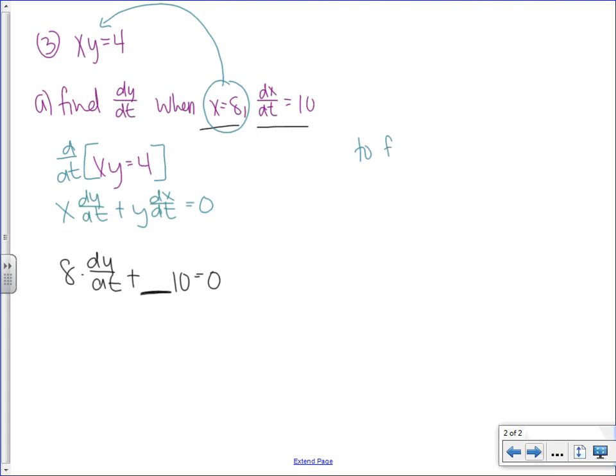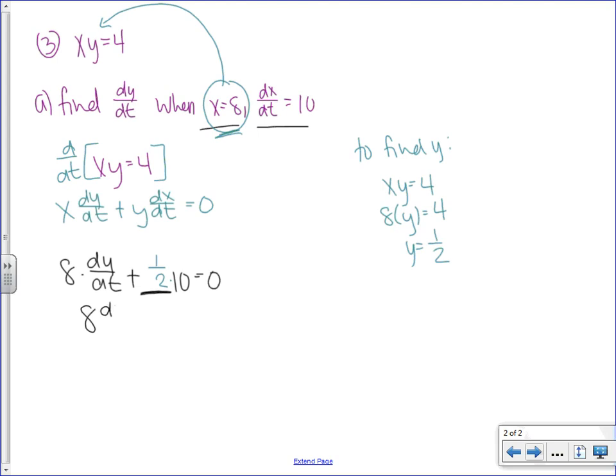All right, so to find y, we've got our original, and I know that x is equal to 8 for part A. So that's just 8y is equal to 4, or y is equal to 1/2. So that's what I'm going to plug in here. Sometimes you've got to do a little legwork to figure it out.